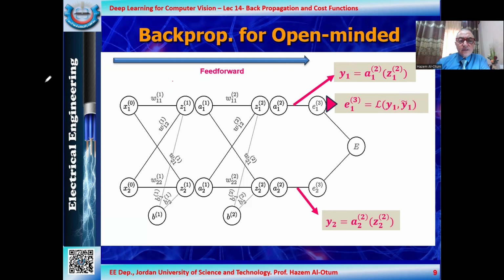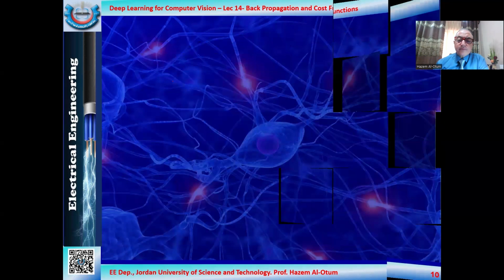And the same thing is on the other branch. It is the error between y2 actual and the targeted output y2, which is y2 hat. Okay, this is the feed forward.